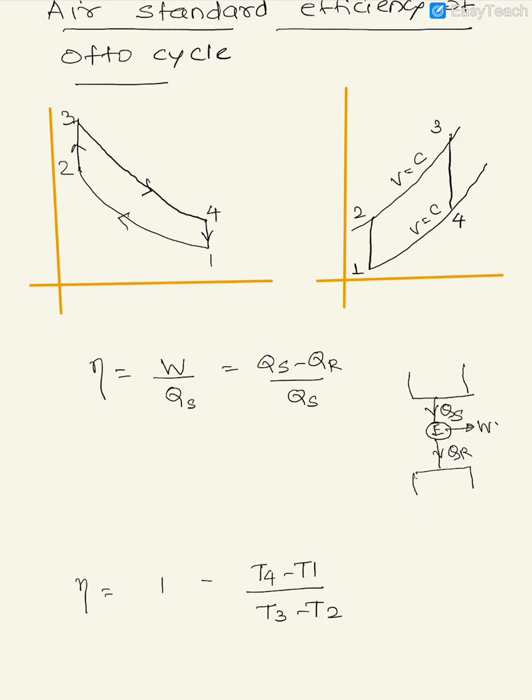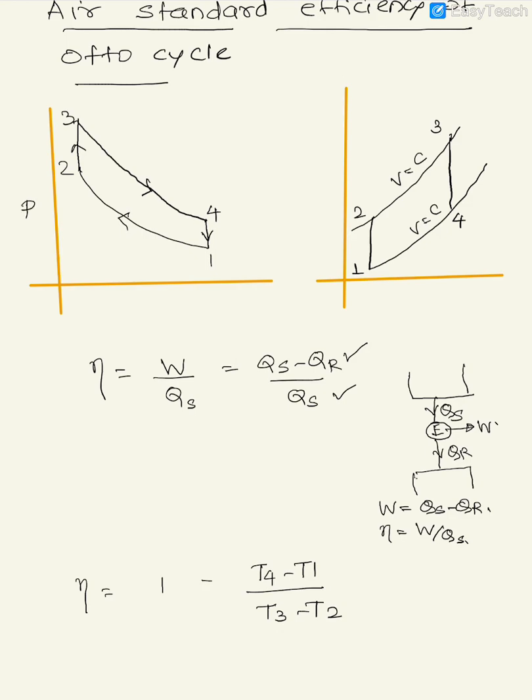It means that the work of the heat engine is equal to heat supplied minus heat rejected, and the efficiency of the heat engine is the work upon heat supplied. So efficiency is work upon heat supplied, and work is heat supplied minus heat rejected, upon heat supplied.